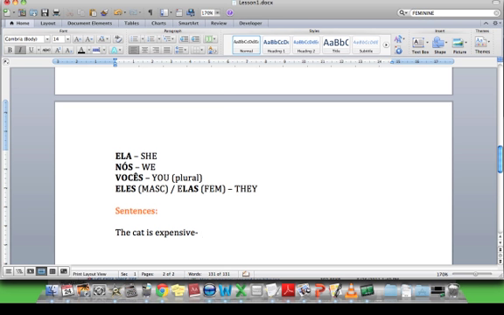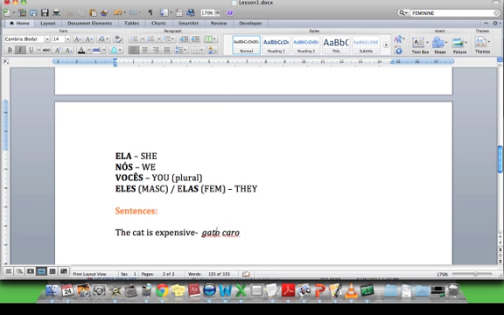I'm gonna have italics for Portuguese. The word is gato, right? Now I want to say expensive, and that's going to be masculine, just like the noun. So the adjective will be caro, right? So right now I'm just saying expensive cat, right?